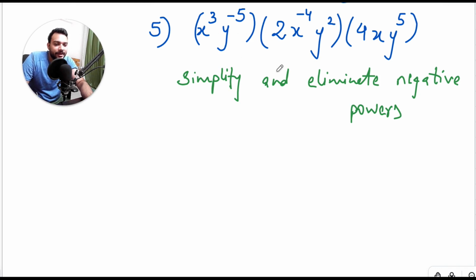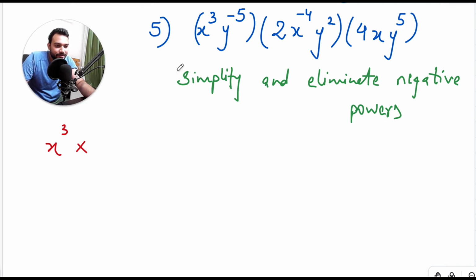Just like in algebraic expressions, you sort and club the like terms together. So here we'll club the common bases together, so as to easily operate on the powers. First, I catch hold of the x's. So x cubed multiplied by, multiplication is such a good operation, you can rearrange at your will.